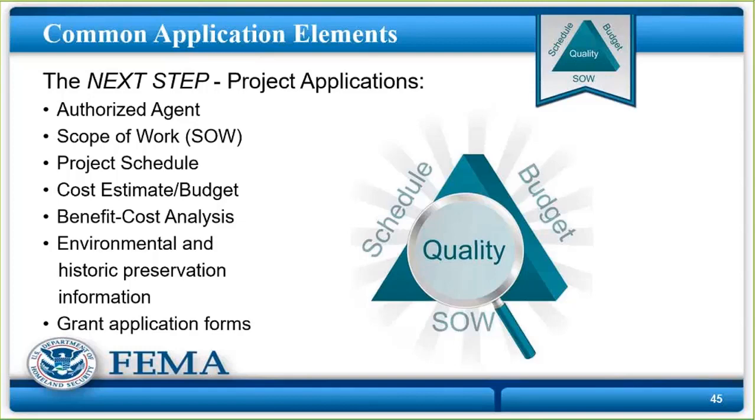Why do we recommend that? Well, it's more efficient for all those reasons. But the real reason is that eGrants times out after 20 minutes, and you don't necessarily know it's timed out until you click save, and it disappears. So we strongly recommend that you don't try to fill out the narrative parts in eGrants.